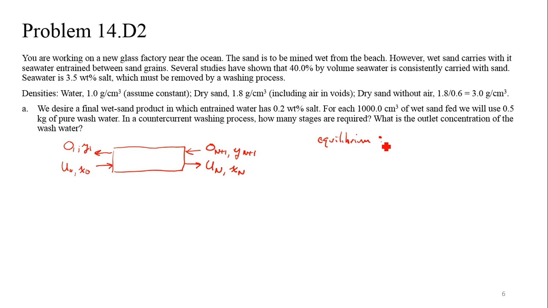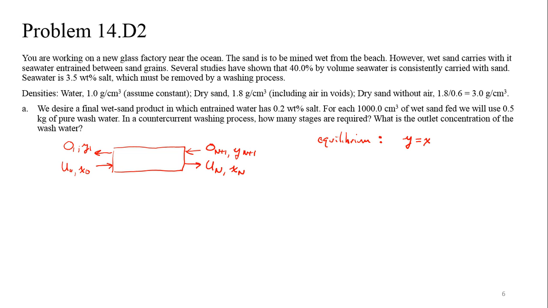What's the equilibrium for us in this case? Any one of the given stages in there, what has to be true about y and x? Y equals x. So that's our equilibrium line. That's a simple one.